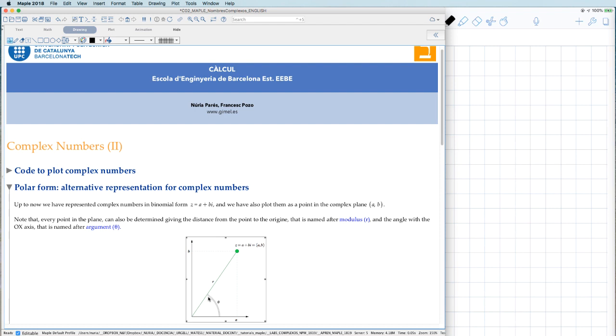We are going to denote by modulus of a complex number its distance to the origin, denoted by r, and by argument its angle.